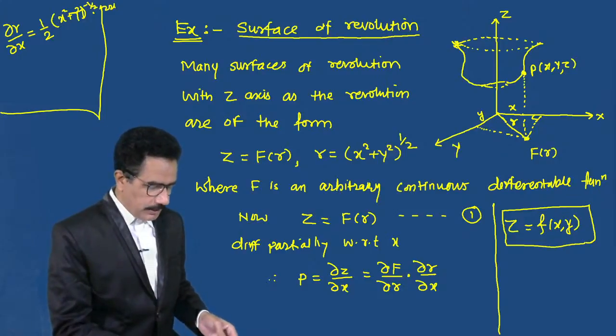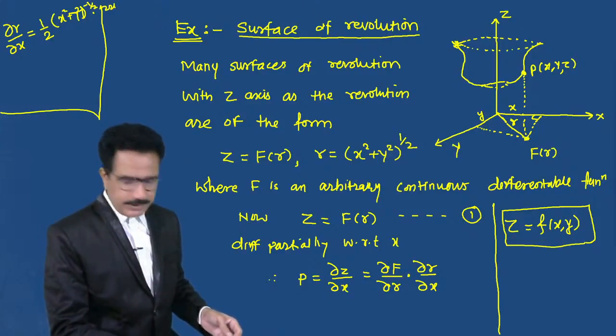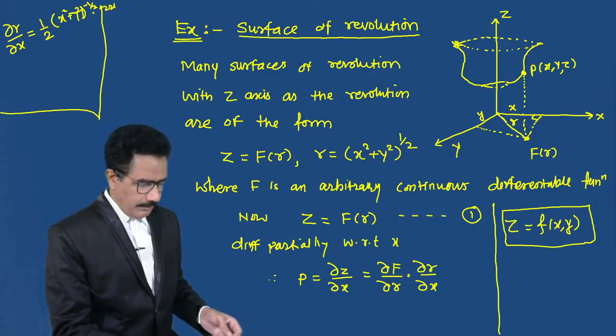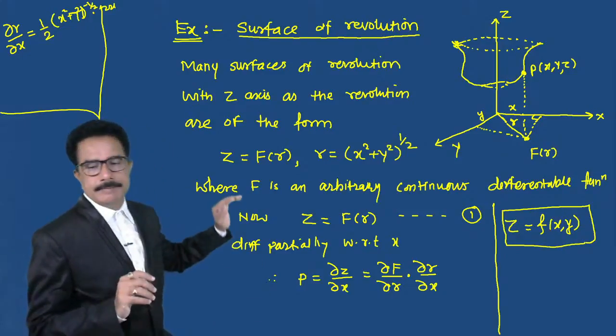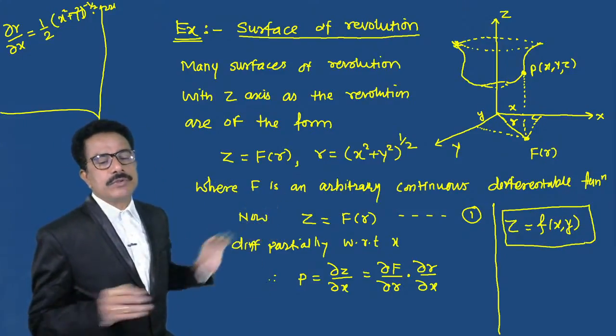Surfaces generated due to the revolution about the z-axis can be expressed by the function z equals f of x comma y.